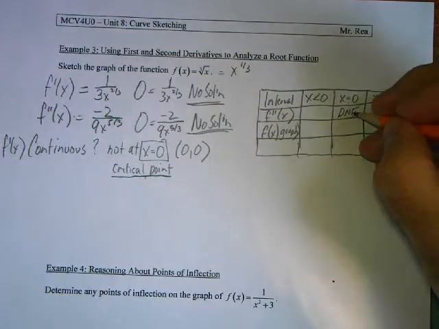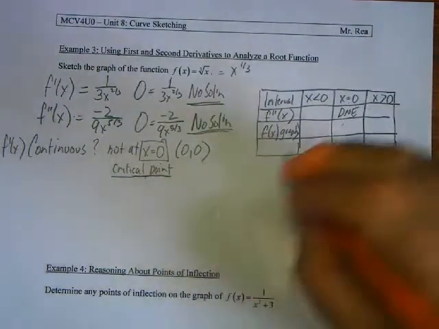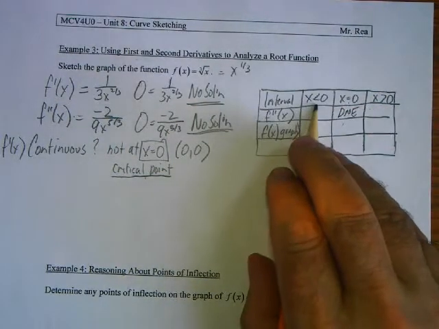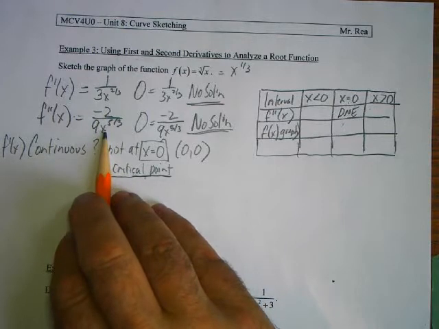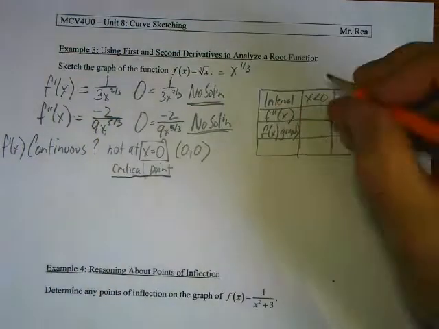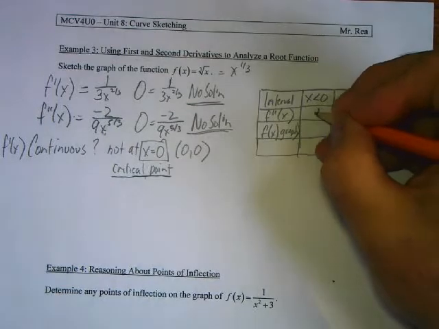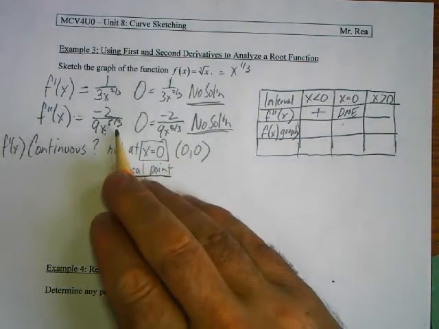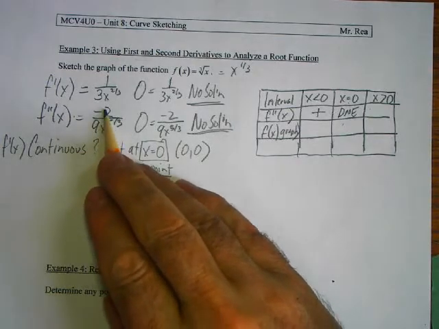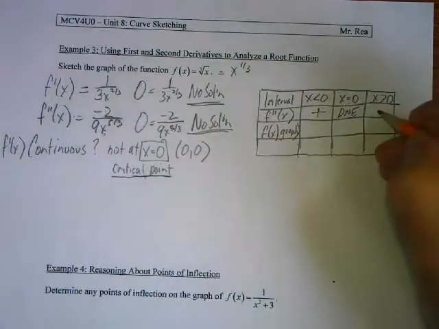But what's going on to the left and the right? If I plug in a negative value for x into here, I'm going to get a negative value over a negative value. So overall, the second derivative will be positive to the left. And if I do the same thing for a positive value, I'll get negative over positive, which means it's negative overall.